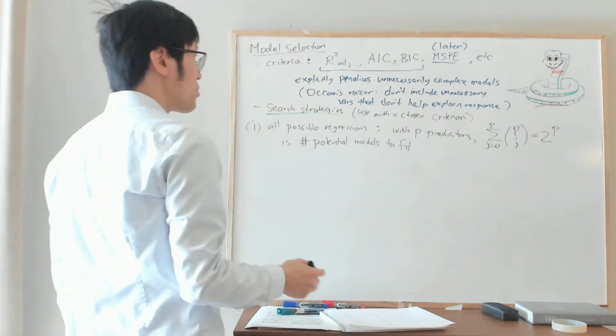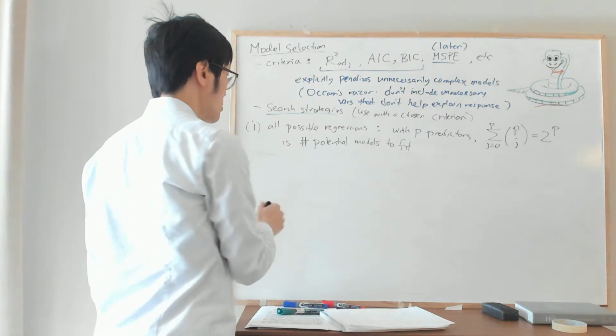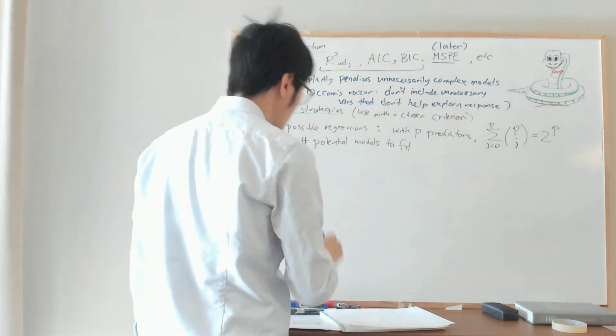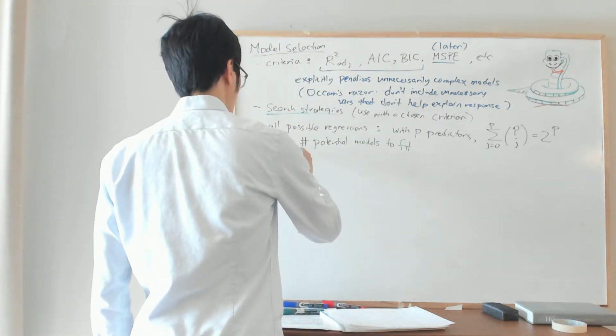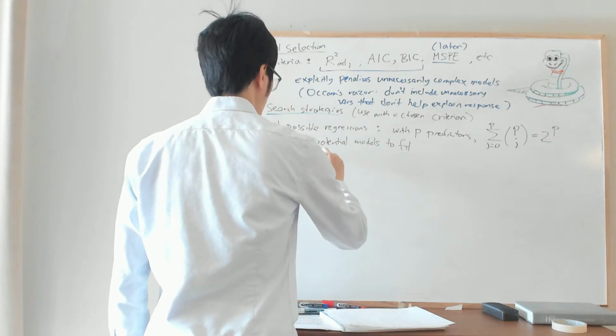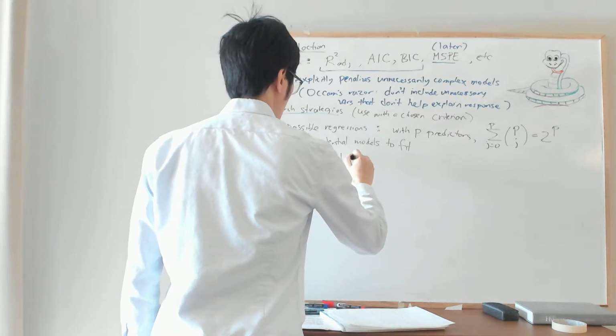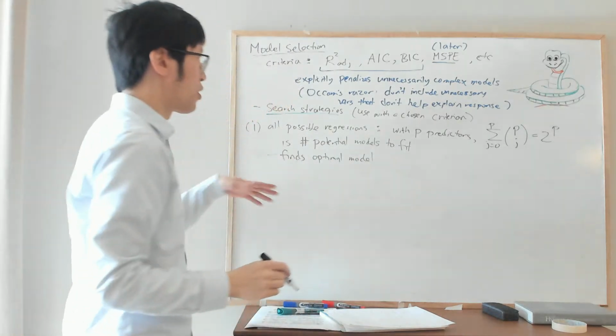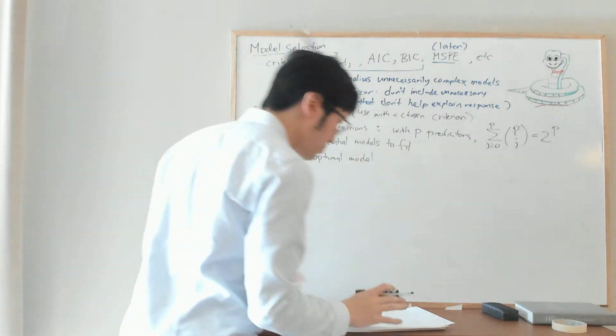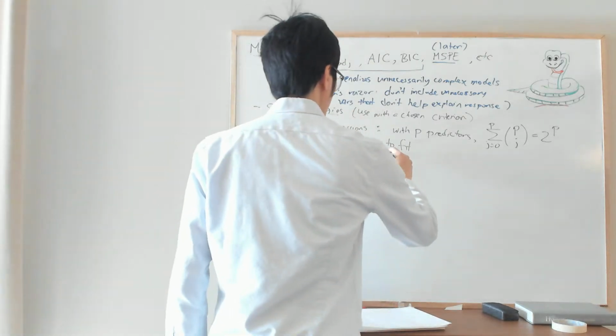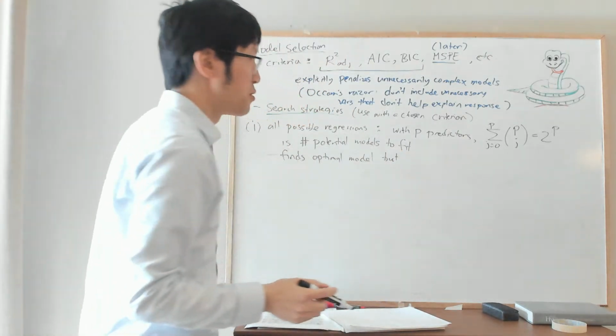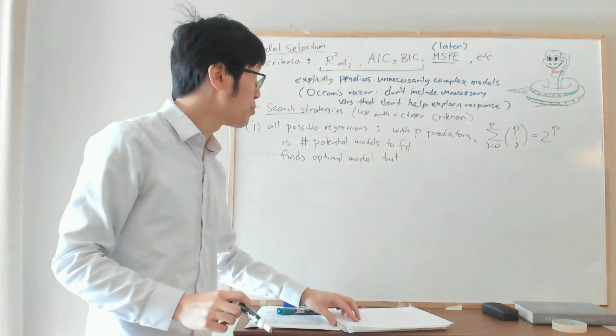The main comment I want to make about just doing them all is that it finds the optimal model among all possible linear regression models, but it might not be computationally feasible if you have many predictors.